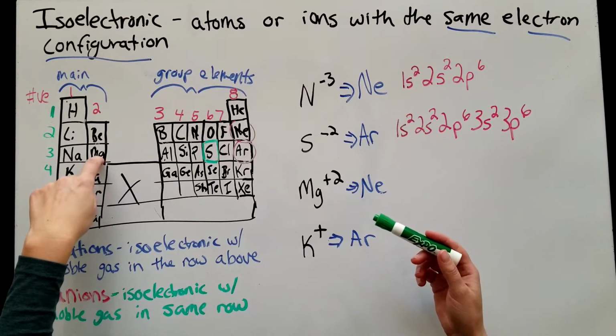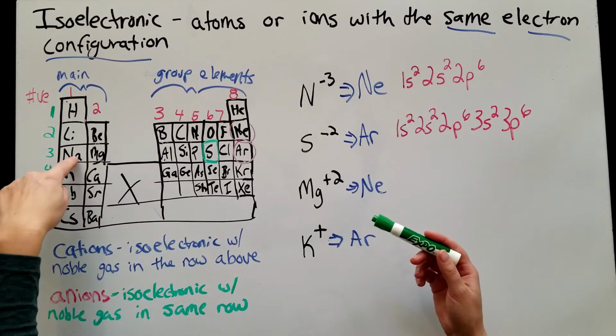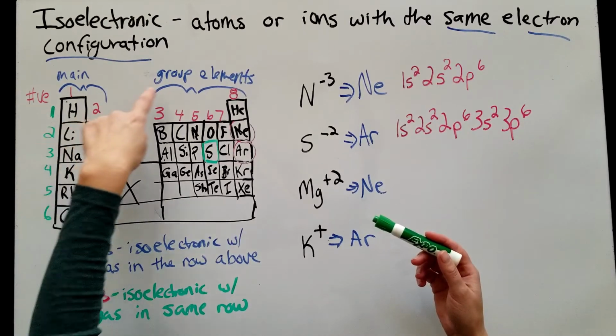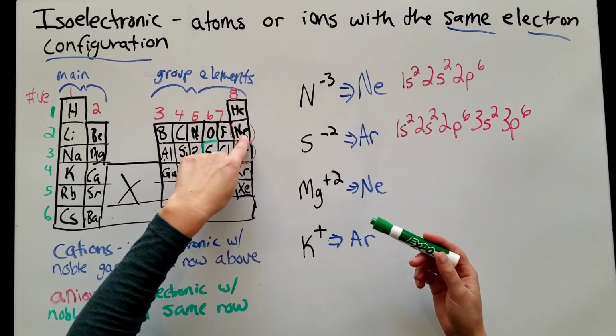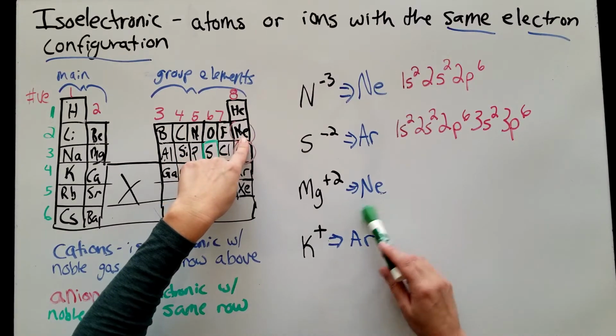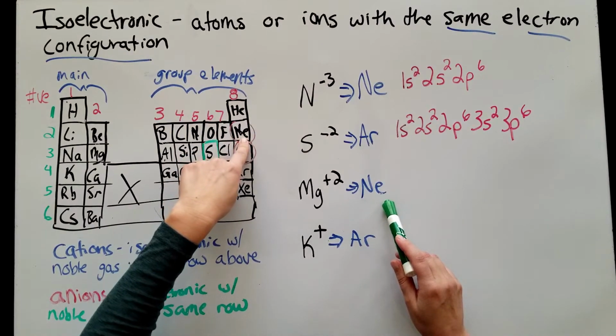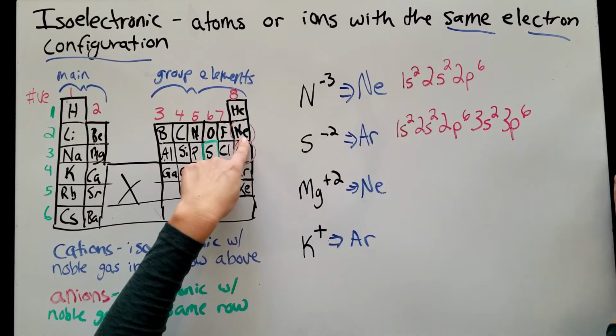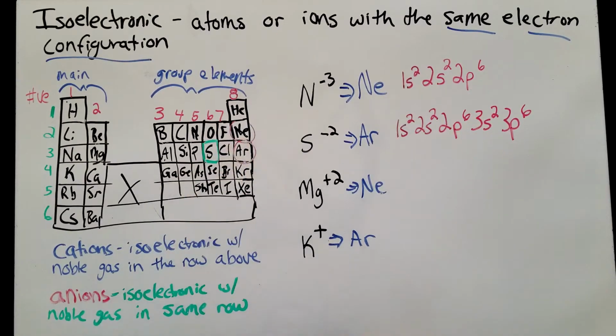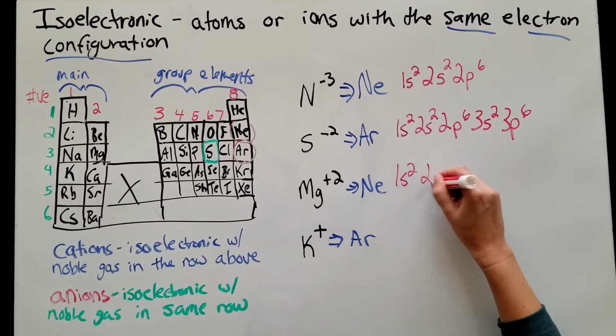So if it loses two, gets rid of that one, gets rid of that one, now it has the electron configuration of neon, the noble gas in the row above. Okay, so the electron configuration of neon, we already wrote it up here. So let's just copy it. We don't need to do it again.